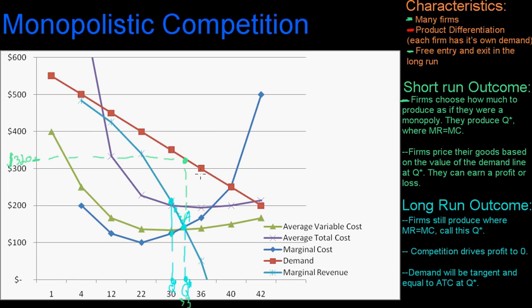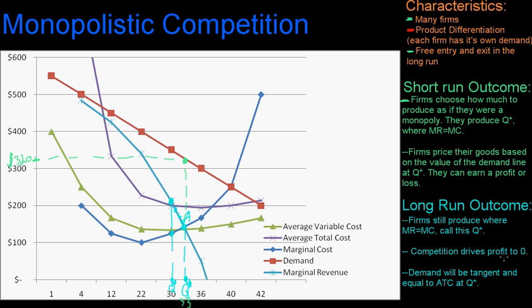And if firms are making a loss, if the demand line is all the way down here, then firms will leave the market and shift the demand line to the right up until the point where you are earning exactly zero economic profit.